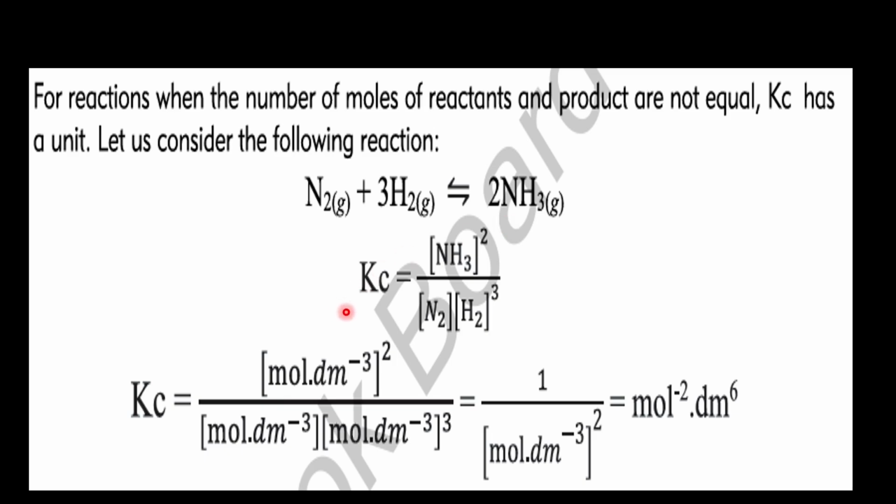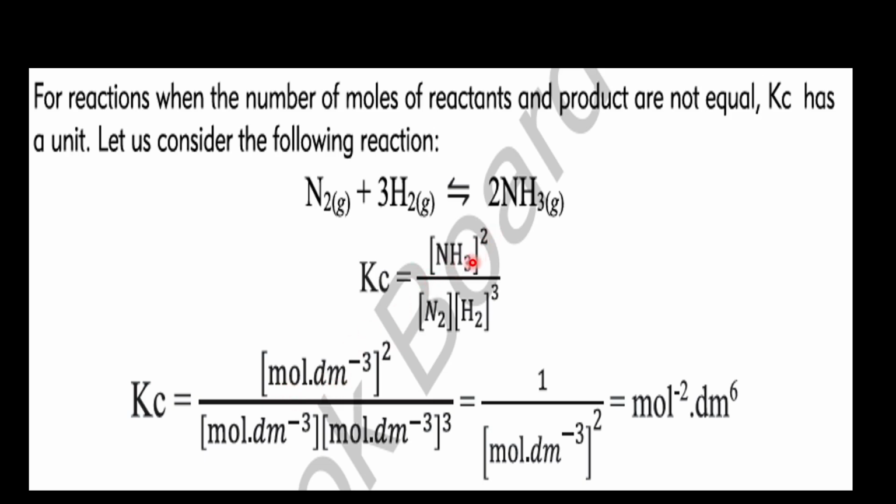So how? First of all, we will write it in this form: NH3 squared over N2 and H2 to the power 3, because this is the number of moles. The number of moles is generally written as a power. Now, as we told, the unit of concentration is mole per dm cube.